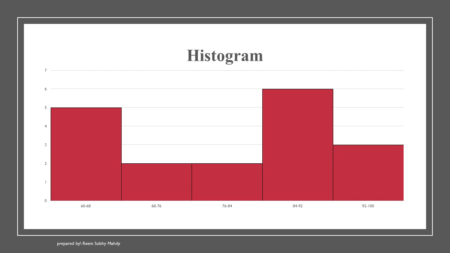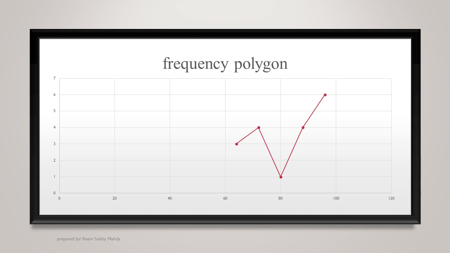So again, the quantitative continuous data can be presented graphically using three types of charts. Histogram, and this is the shape of the histogram, or this is the chart of the histogram for our example. And the second type is frequency polygon, and this is the shape of the frequency polygon.